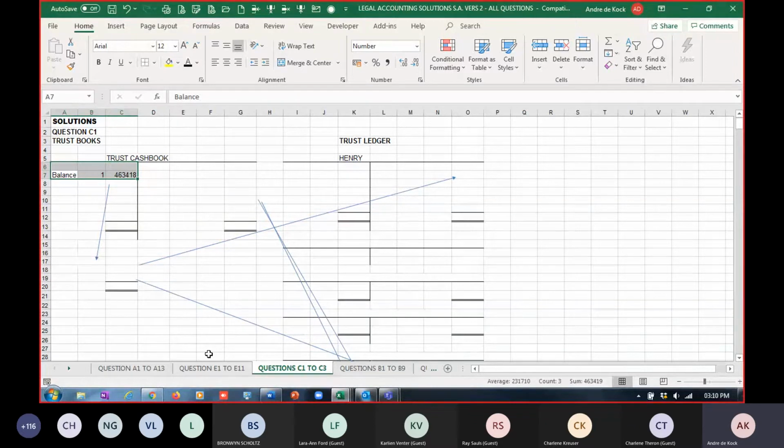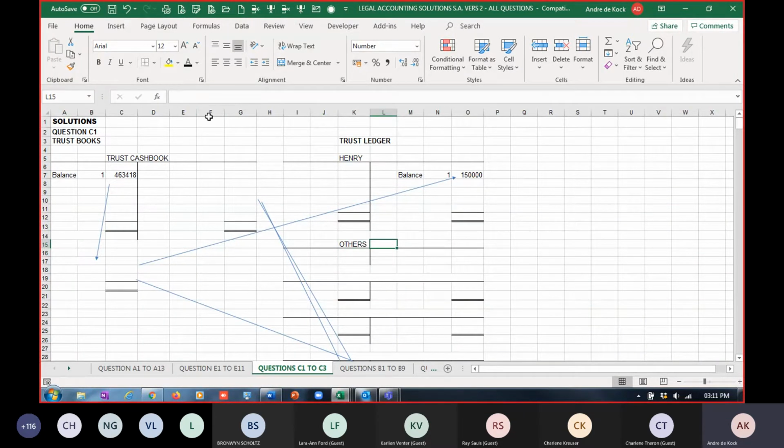So now we are holding 463, which includes 150 on behalf of your client, Henry. So Henry must have a balance of 150 here. That means, if we look further, there's nothing. We must have other people's money. So we open what we call a collective account for other clients.